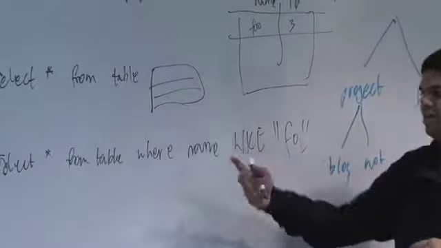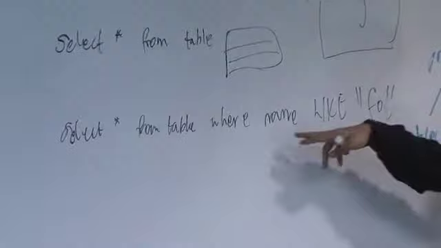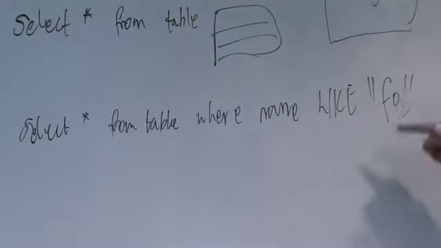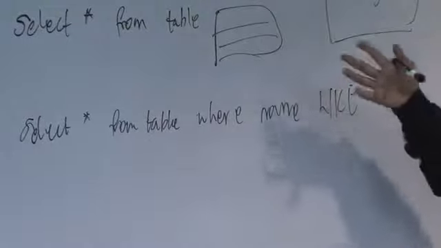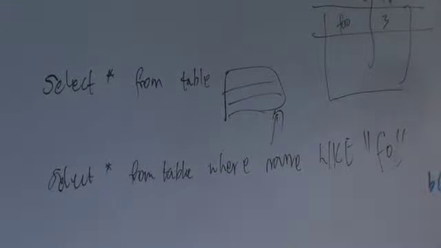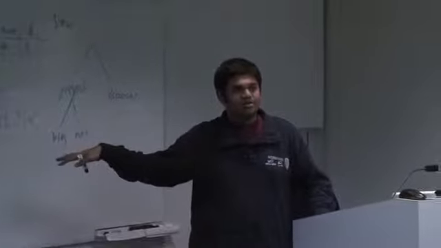So here it just says select all the rows from the table whose name is like FO. And this also will return just a list of MySQL resources, and you can just look through each of them, and each of the ones that you look at, you know that fit this criterion. So it's not necessarily very different from select star. Does that make sense? Yeah. OK, so let's see.